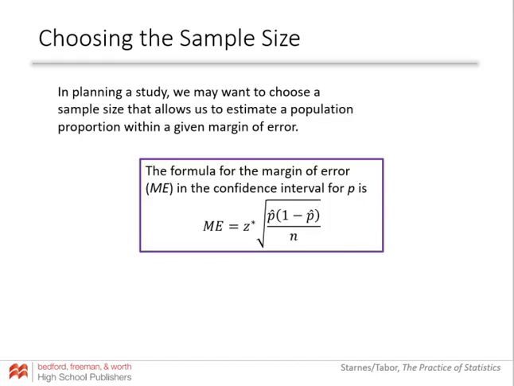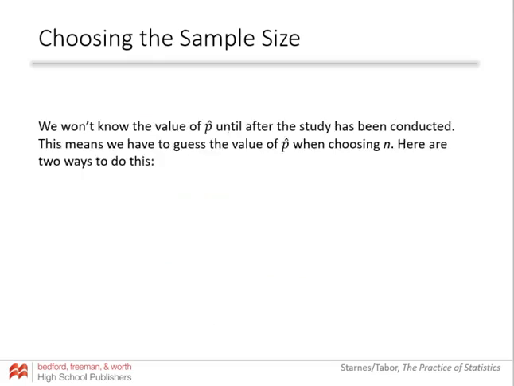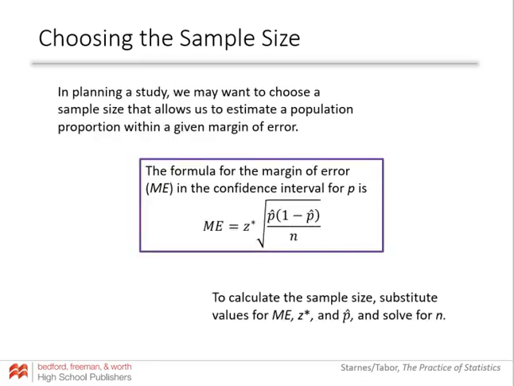So we can actually use the formula for margin of error to determine what specific sample size we would need. All right, so in all of these problems, we would be given a margin of error, and this time we are solving for n. Because this is being done before the study, we're planning it out. We don't know what p hat is because we don't actually have the data yet. So we have to guess a value of p hat to use in this formula.